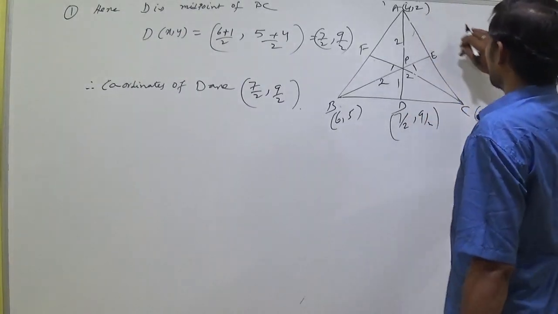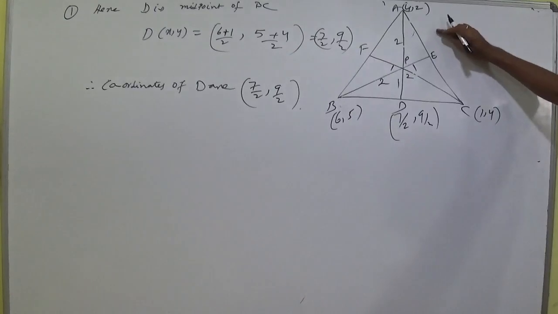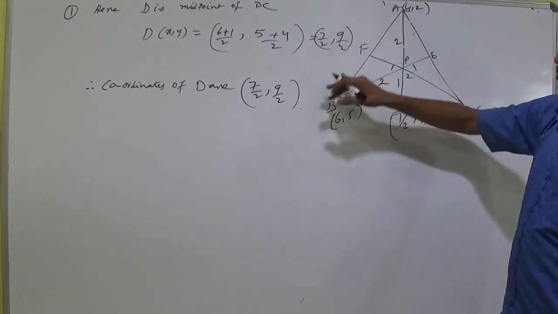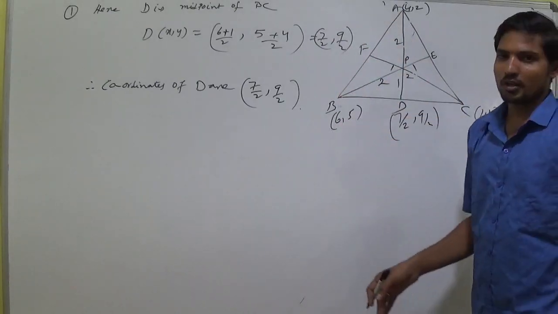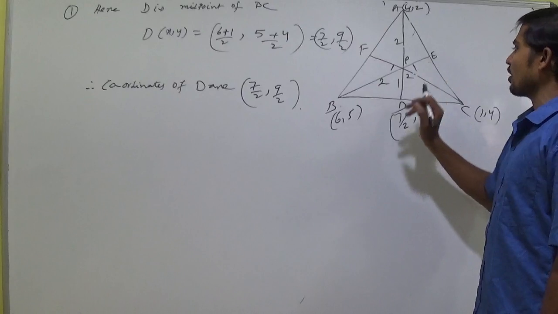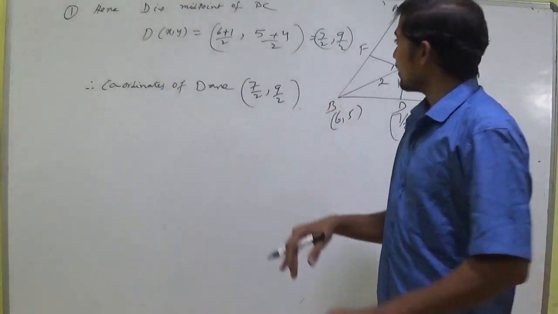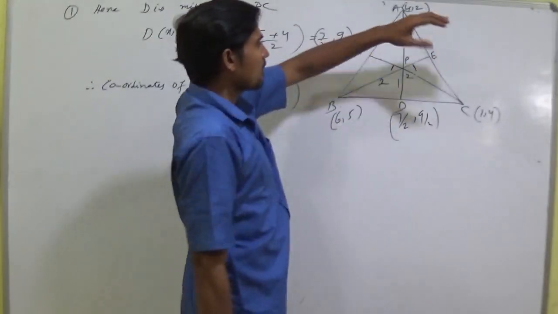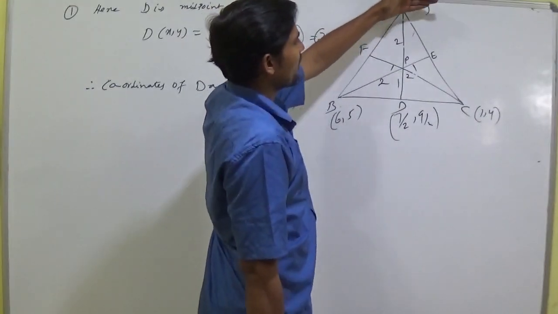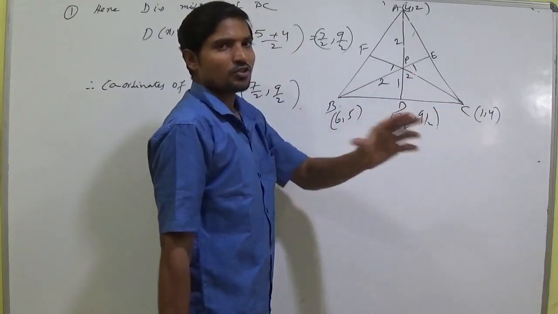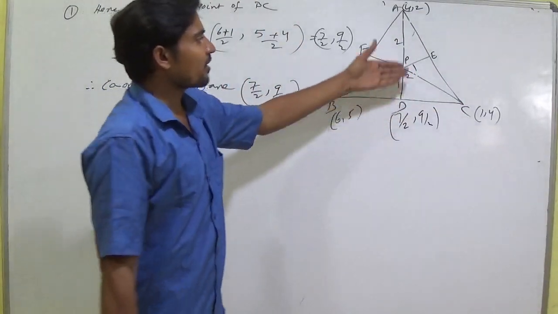Like that you can get the coordinates of E: (5 by 2, 3). E is the midpoint, and at the same time F is the midpoint of AB. So F coordinates, E coordinates, D coordinates you have. Then use the very first problem I explained: A (x1, y1), B (x2, y2), m1 to m2 is 2 to 1. Then find the coordinates.